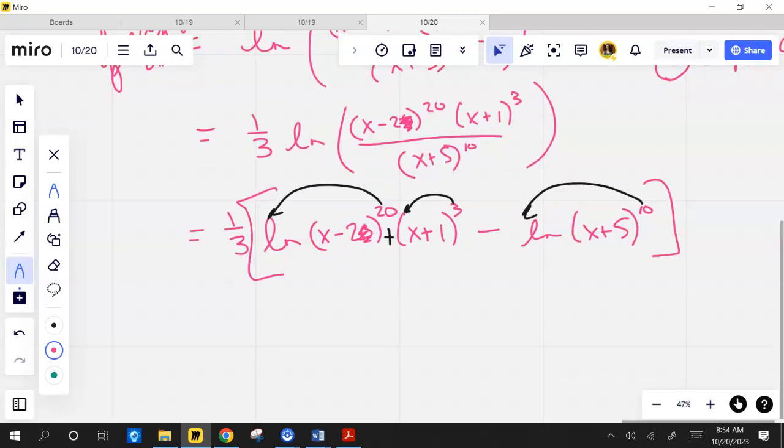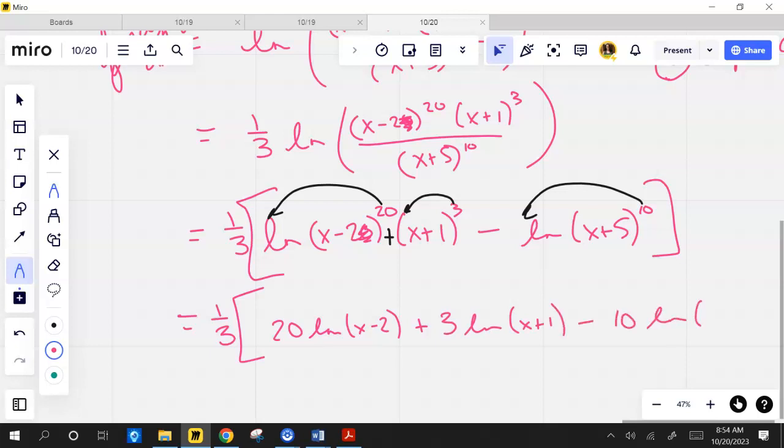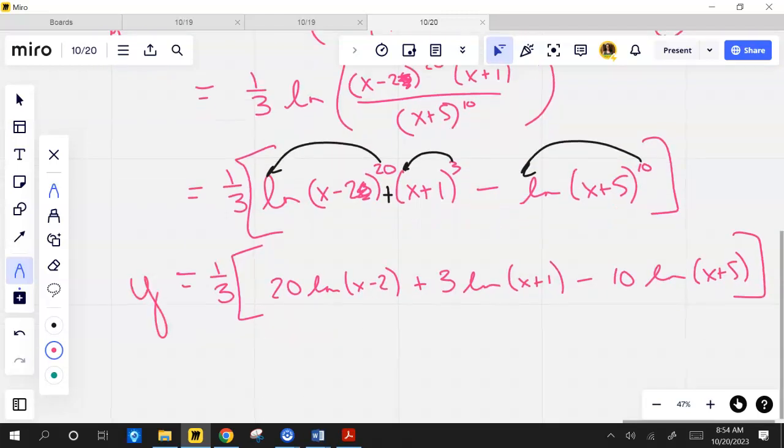I'm going to do all that at one time. 1/3, 20 times the log of x minus 2, plus 3 times the log of x plus 1. This is the hardest part of it once we get this. Everybody agree?